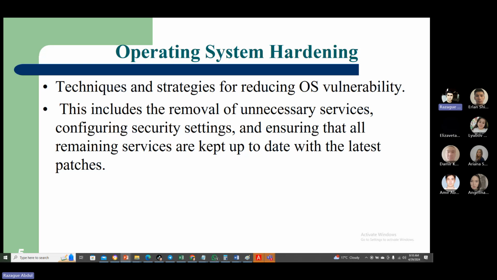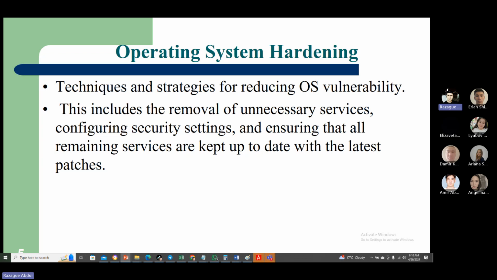This is a proactive process that enhances the security posture of systems by minimizing the attack surface and securing system configurations. Effective operating system hardening not only protects individual computers but also fortifies the overall network security by reducing the chances of a successful attack.